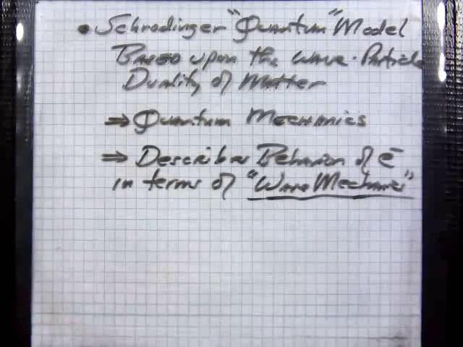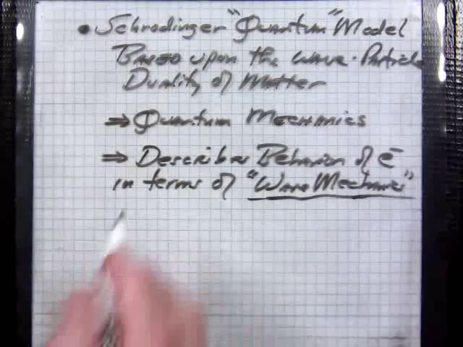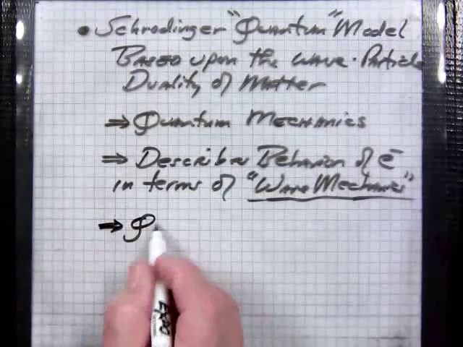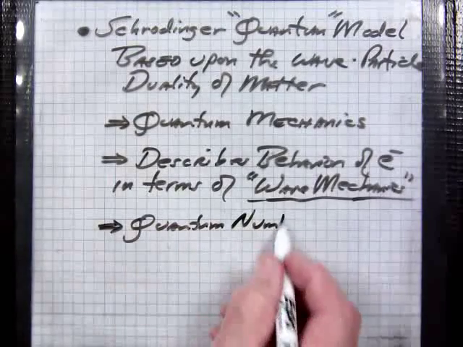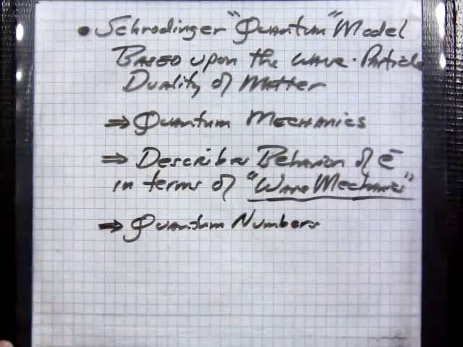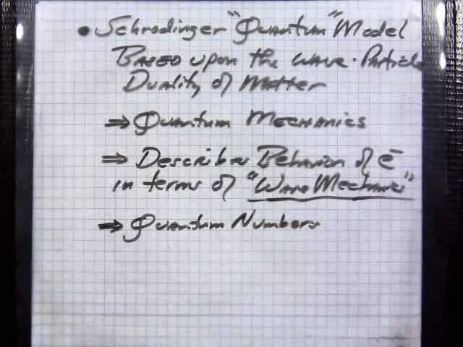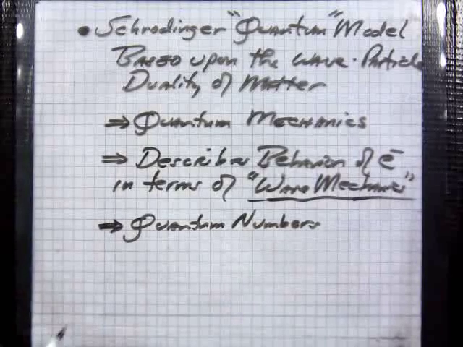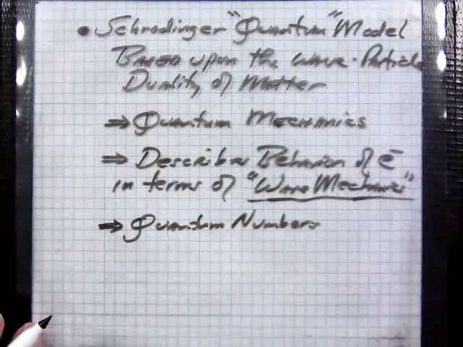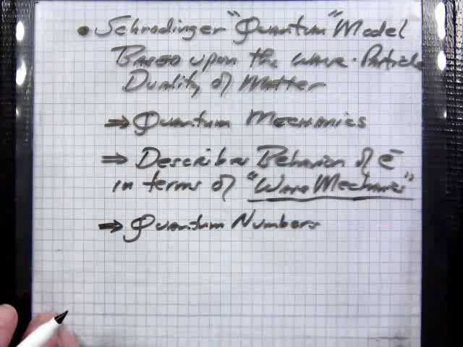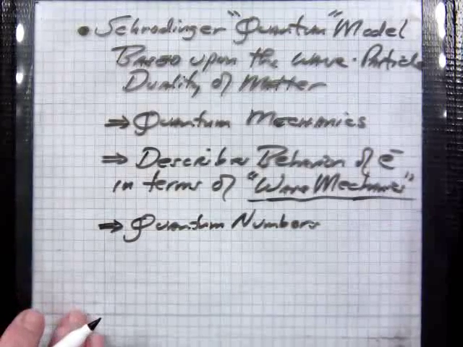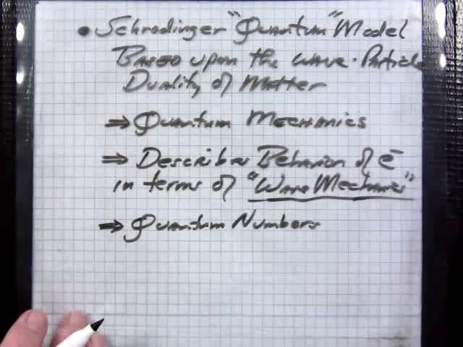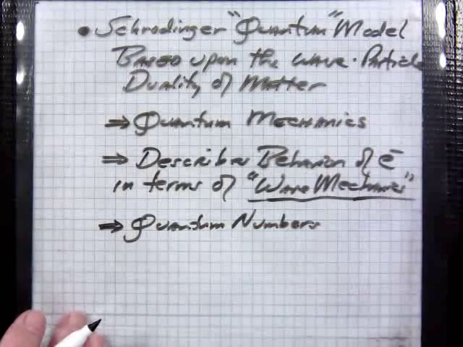But what it led to is quantum numbers. That talk about the electron in terms of where it is about the nucleus, its shape of its orbitals, orientation of the suborbitals, its spin, and a number of characteristics that we understand today gives us more insight into how the atom and elements behave.